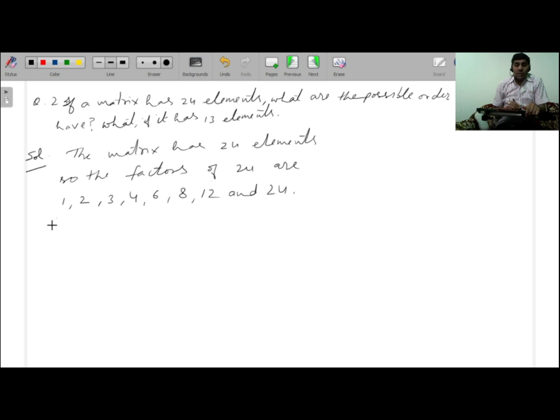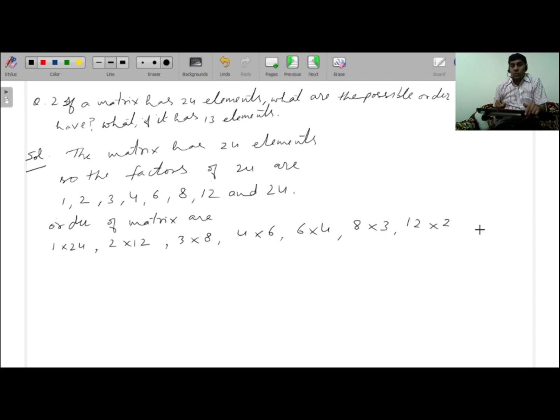Now the possible orders of the matrix are 1 into 24, 2 into 12, 3 into 8, 4 into 6, 6 into 4, 8 into 3, 12 into 2 and 24 into 1.